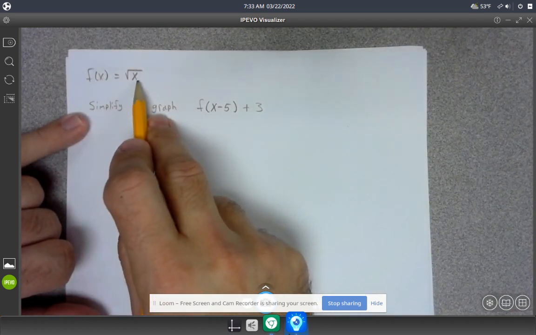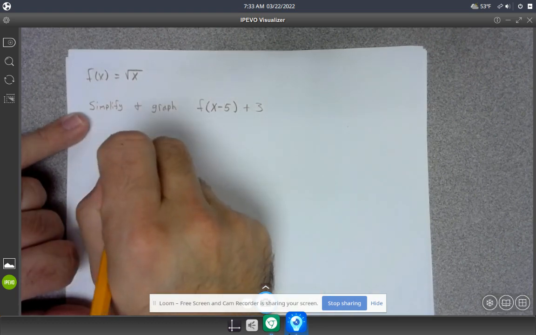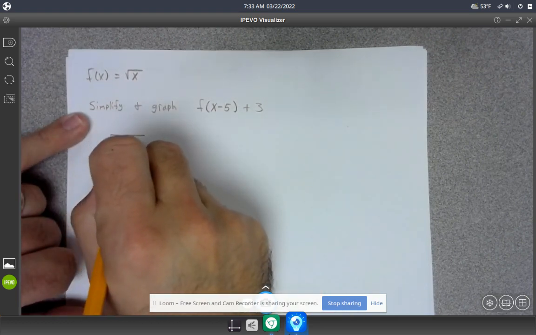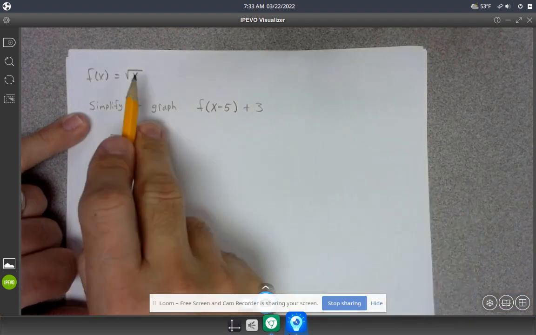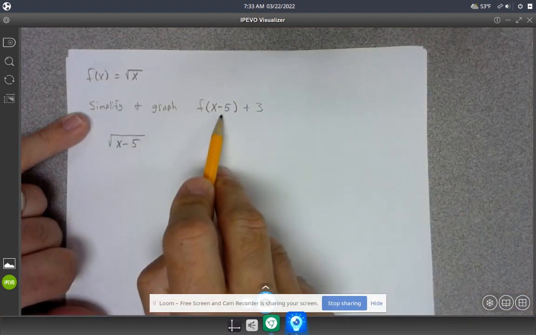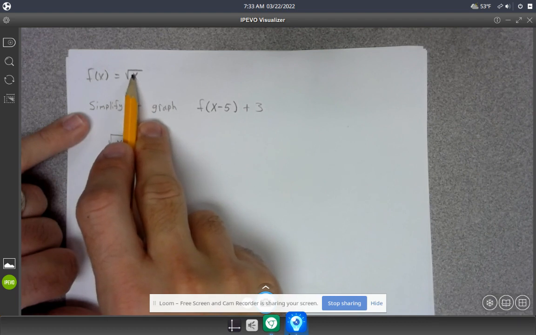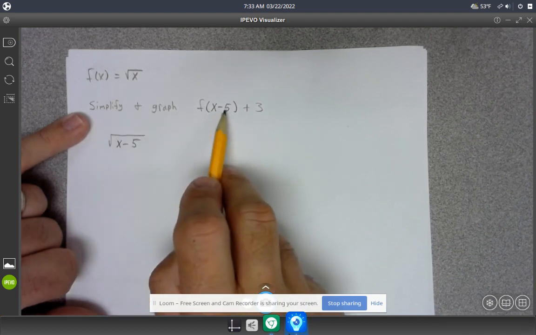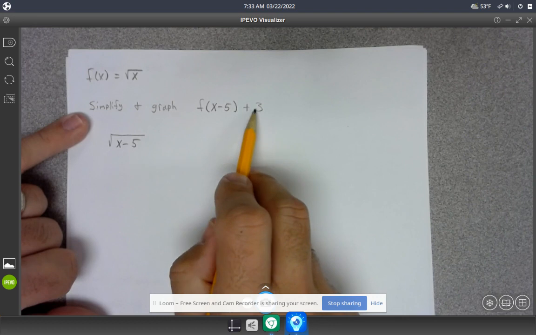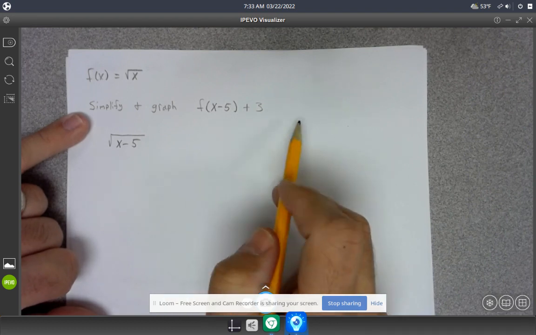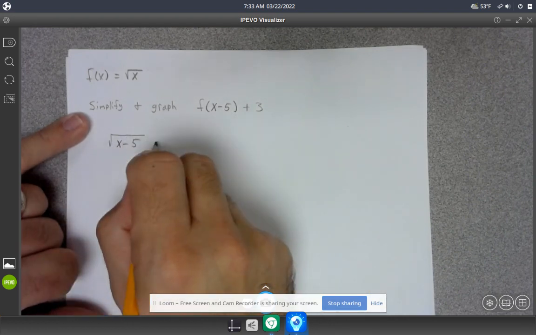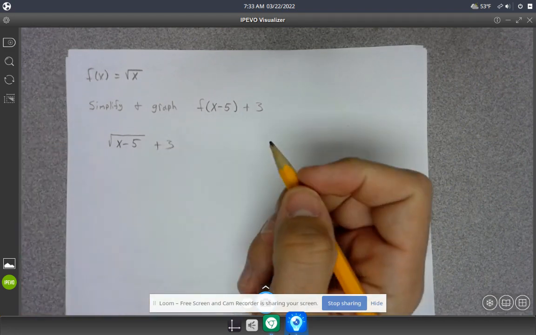So instead of the square root of x, I'm going to have the square root of (x minus 5). All right, I'm replacing that x with x minus 5. And that's happening inside the function, inside the square root, all right, inside the parentheses. And then this plus 3 just happens after the fact. It happens outside the square root, plus 3.